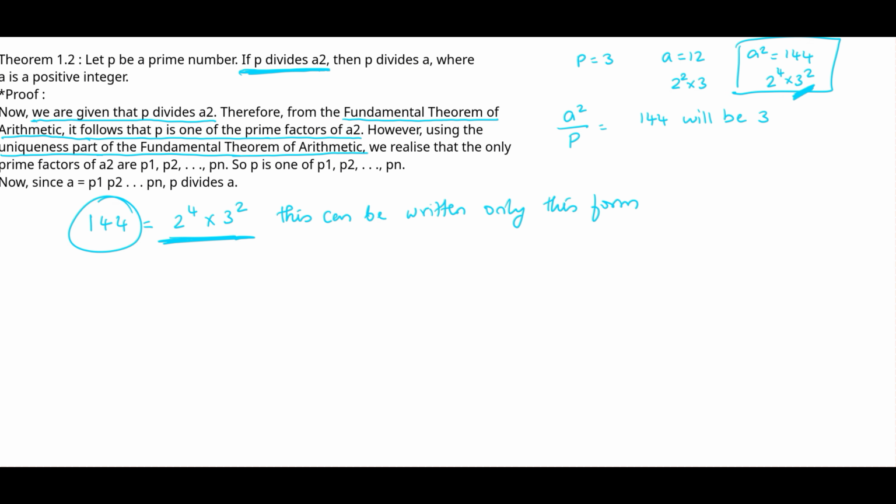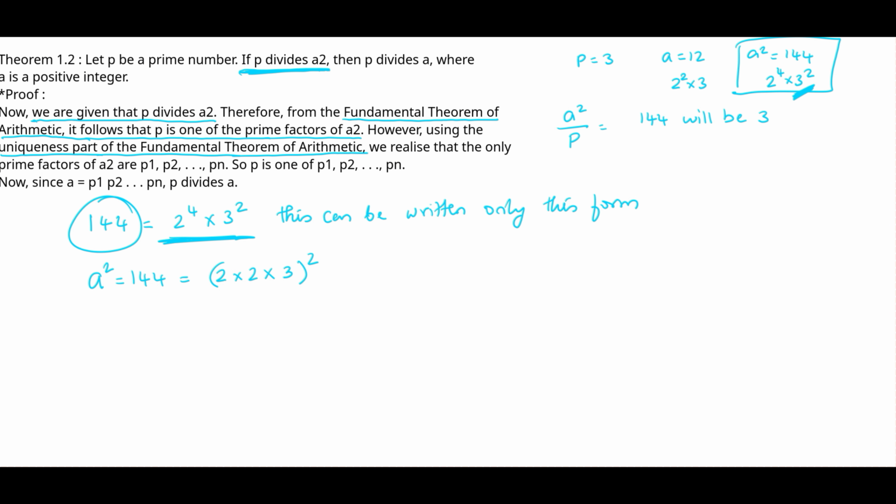We realize the prime factors of a square are p1, p2, up to pn. Okay, so a square is equal to 144, and the prime factors of that will be 2 into 2 into 3. That is the meaning of this.